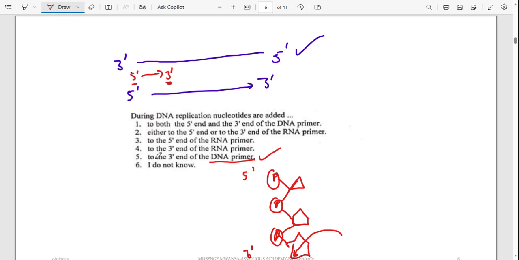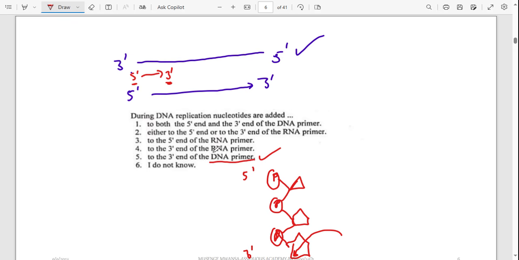Okay, DNA primer. But the first thing that we do is that we are going to lay down an RNA primer. The primers that we lay down are laid by the enzyme known as the primase, and that is an RNA molecule.